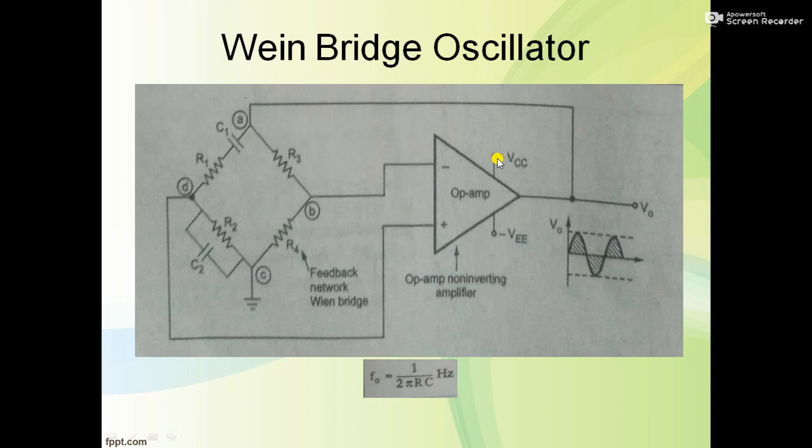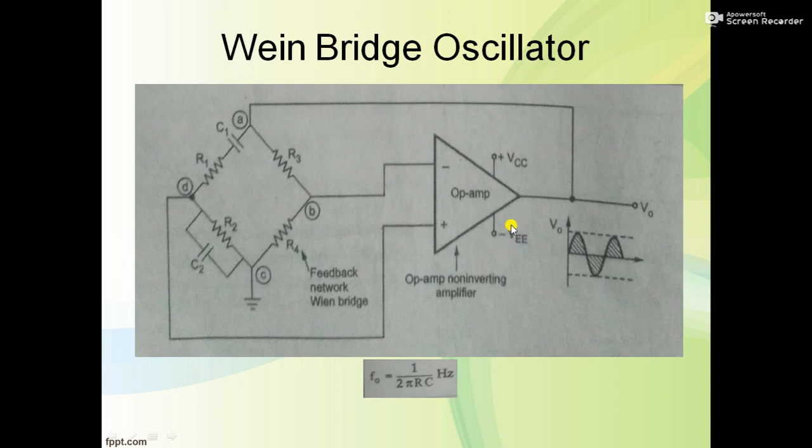So at the initial condition, again all of you know that an oscillator works without any external input signal. It generates the output with the help of supply voltages like VCC and VEE.